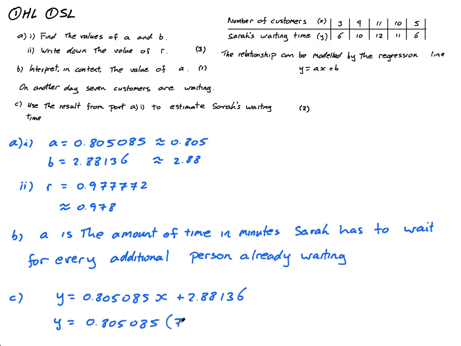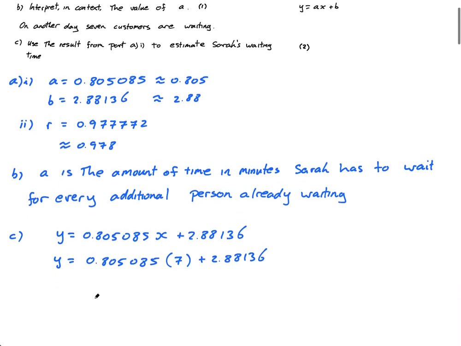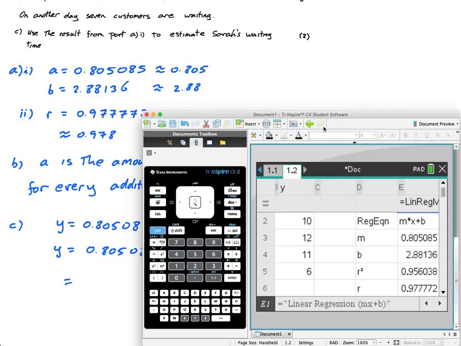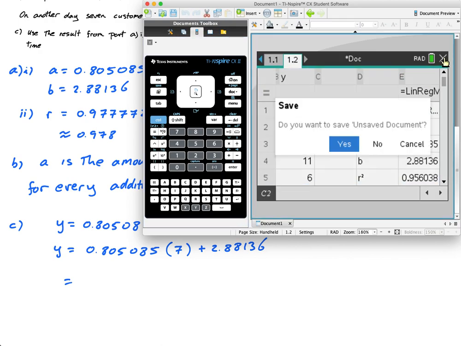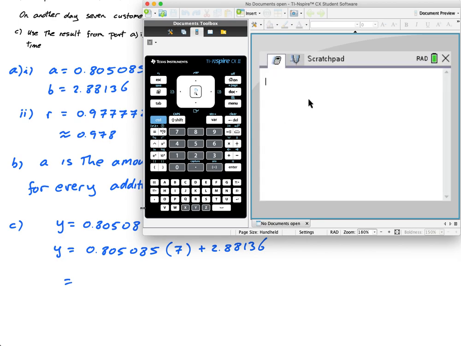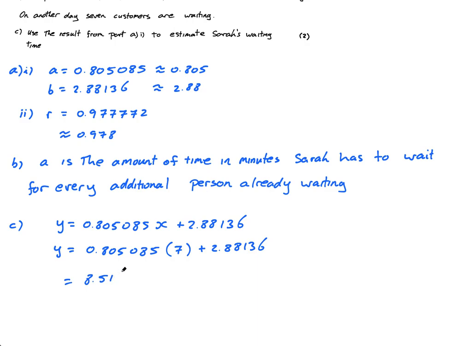0.805085 times 7 plus 2.88136, and that is equal to 8.51696.